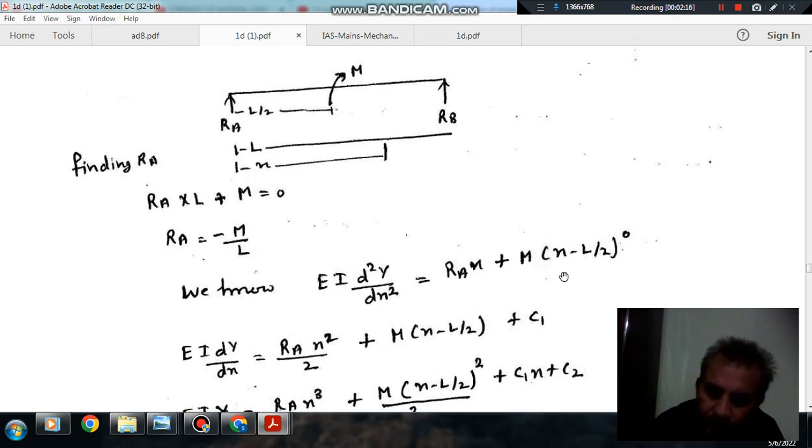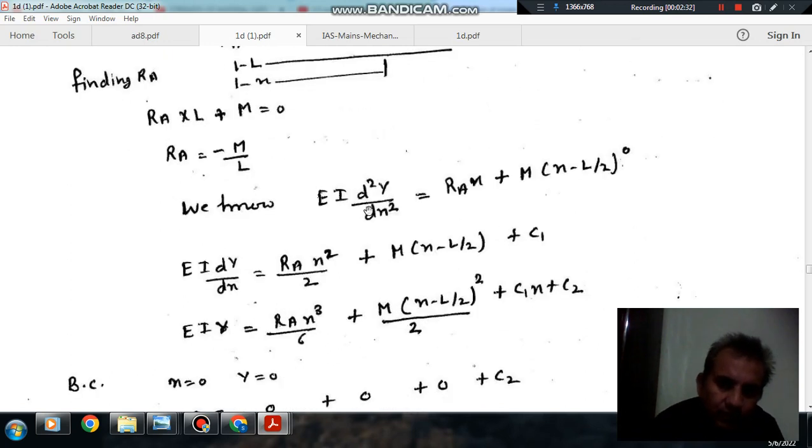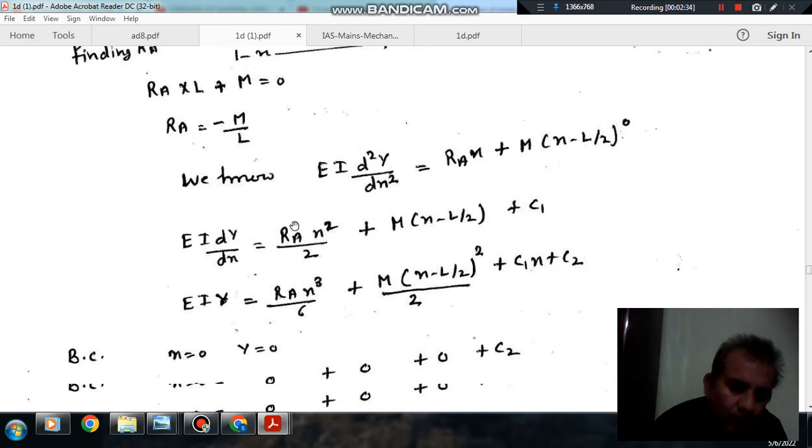Overall it means 1, since x minus L by 2 raised power 0 is 1, but this is Macaulay's method, so we have to introduce this term to pronounce the effect of this M in this section.